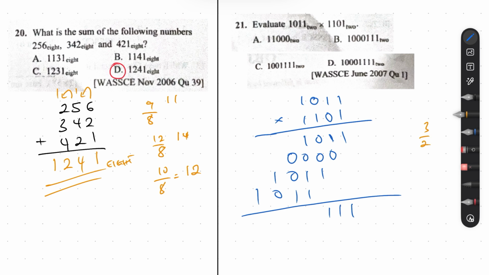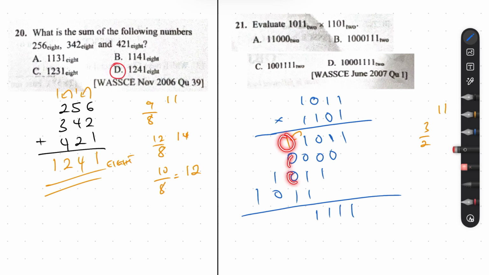In base 2 that will give us 1 carry 1. So we bring this 1 here, and the 1 will transfer to the next part. So write 1, then a transferred 1 from this side, 1.